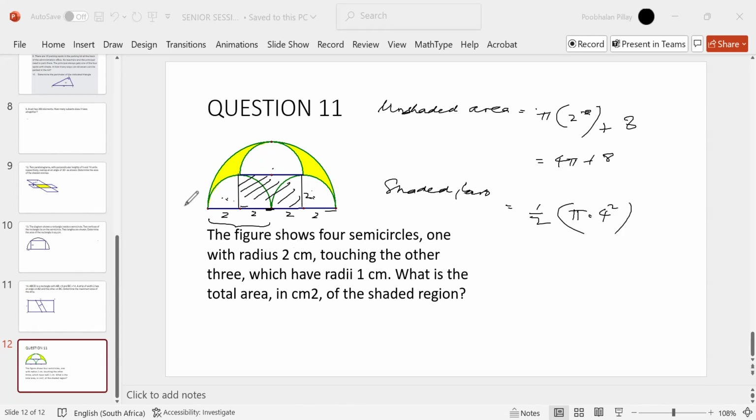That is the area of the full circle here, but we only want half that, because then I have to take this area and subtract from it the area of the unshaded part, and that will give you the area of the shaded part. See? So you actually have 4 pi minus 8, something like that.